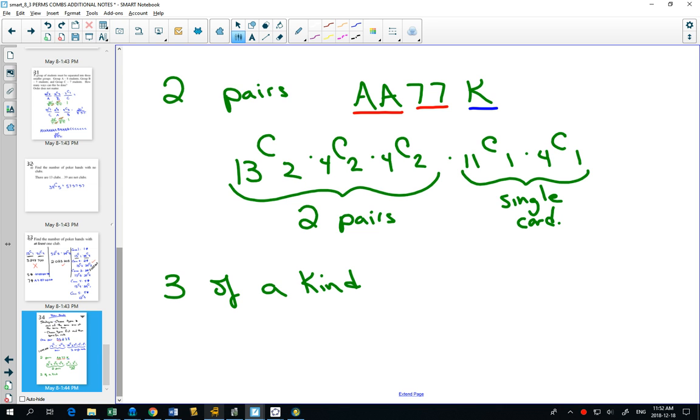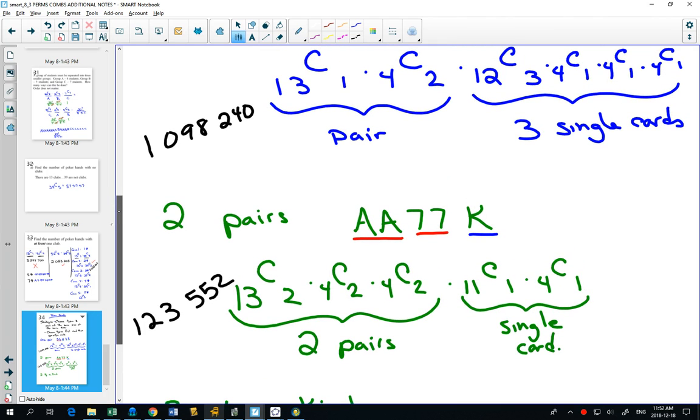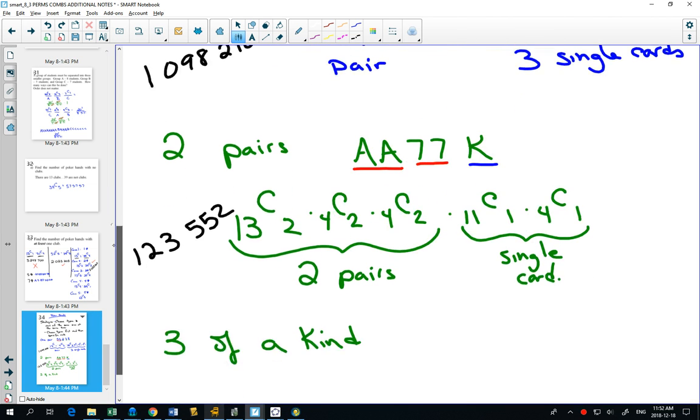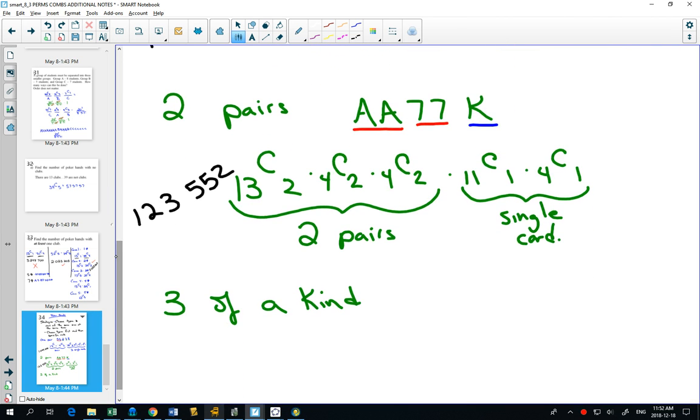Do you have a number? 123,552. Over a million. So this is quite a bit rare to get 2 pairs.